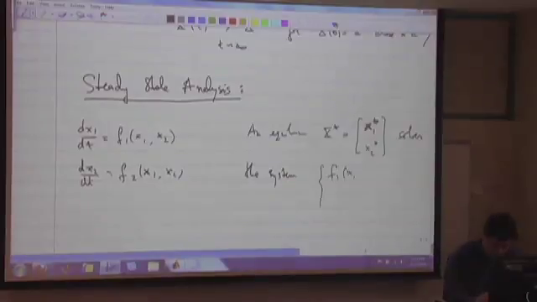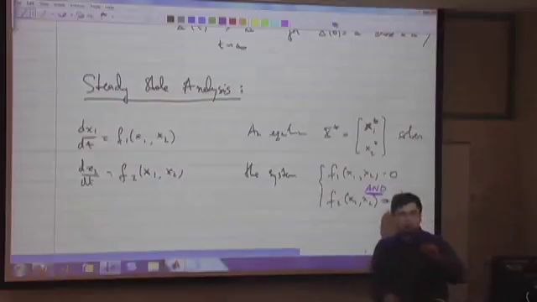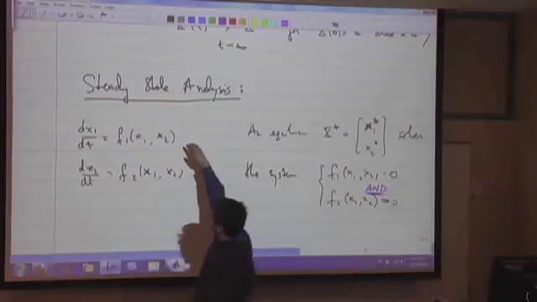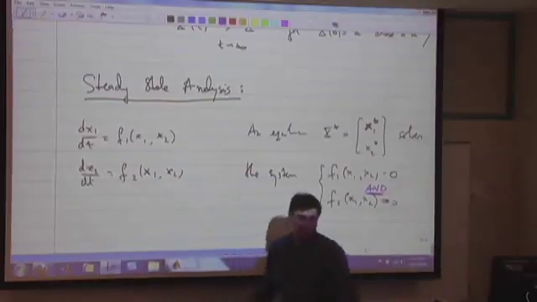So this solves the system f1 of x1, x2 equals 0, where you set the right-hand sides equal to 0 simultaneously. I'm going to emphasize this. It's a system, saying we have to solve both: the first right-hand side equal to 0, and the second right-hand side equal to 0.